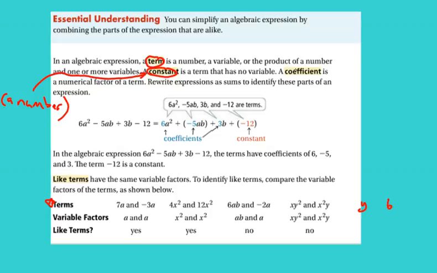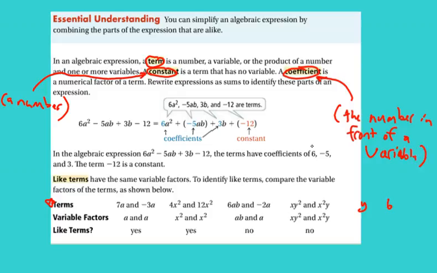Next term, a coefficient. A coefficient is a numerical factor of a term, meaning, now I'm going to put this in simpler terms, it's the number in front of a variable. So if we're looking at this one, 7a, the coefficient is 7.